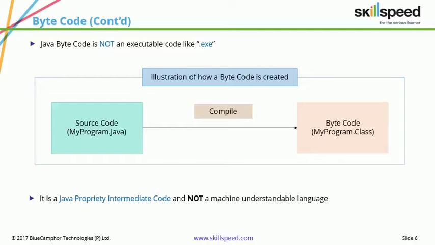Then what is bytecode? If you look at any other programming language like C or C++, the normal procedural programming languages, say I have a C language program, I write it and I compile it. The compiler does not convert my C program into any other separate program.